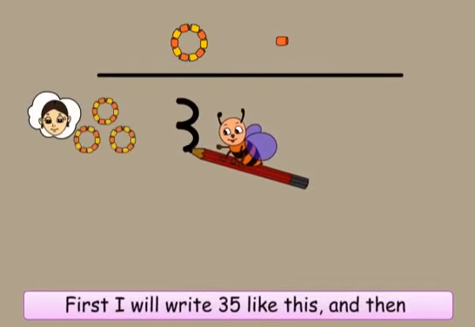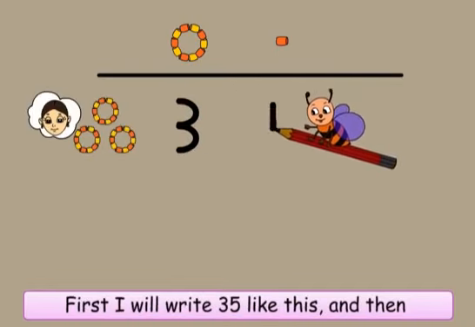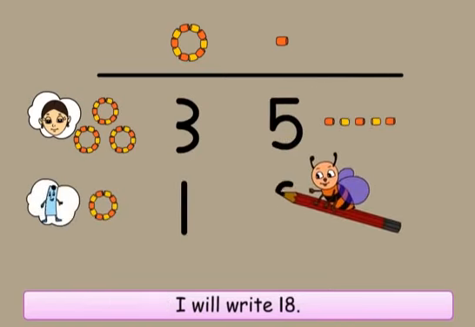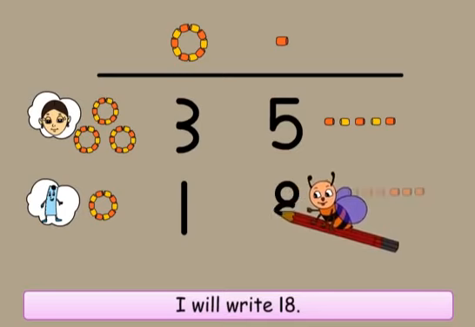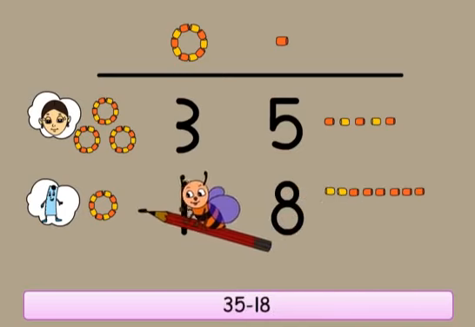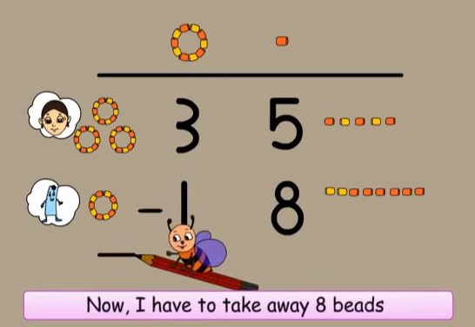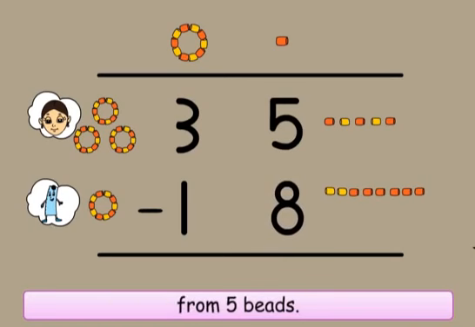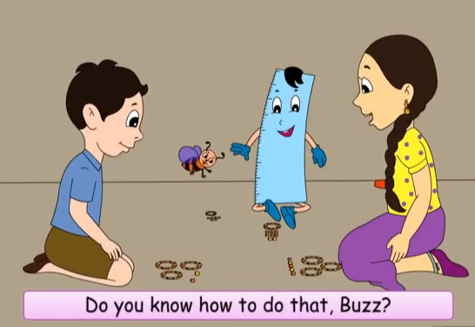First, I will write 35 like this, and then I will write 18. 35 minus 18. Now I have to take away 8 beads from 5 beads. Do you know how to do that, Buzz?